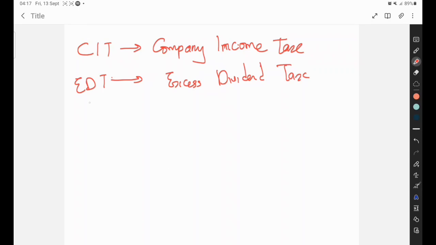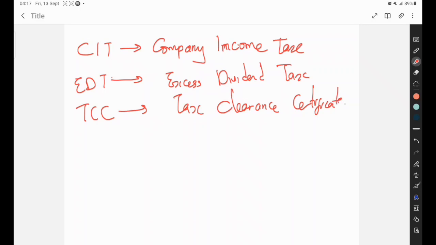Then we're talking about TCC, tax clearance certificate. And we'll also mention other things in the process.